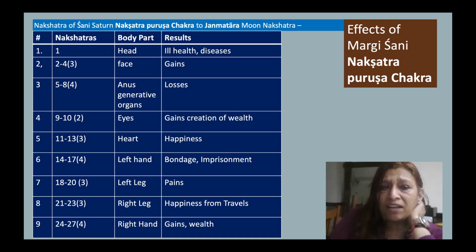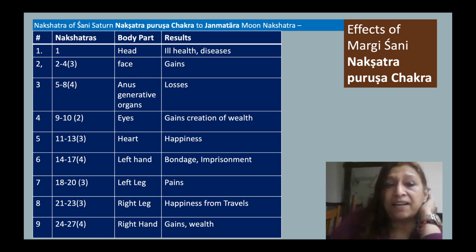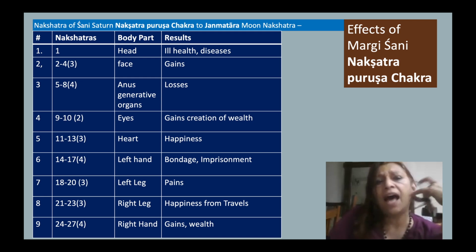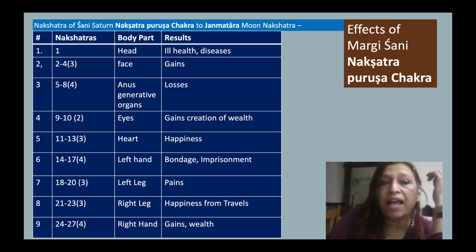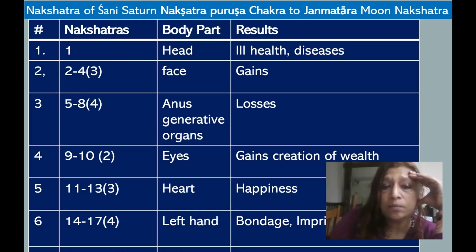So let's say in our exam Shani is in Revati. If I have Shani in Revati, and my moon is also in Revati, then how many nakshatras is it traveling? One. Same, one, right? Yeah. So thankfully, I don't have that.